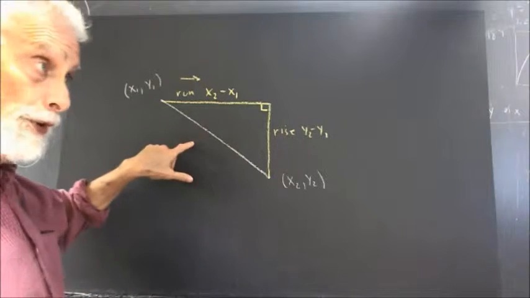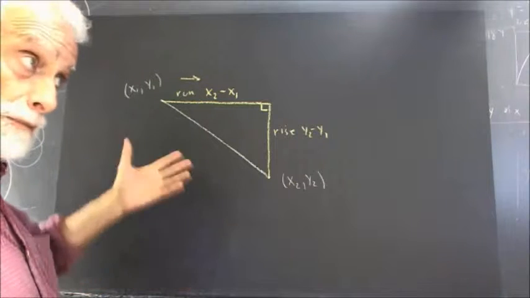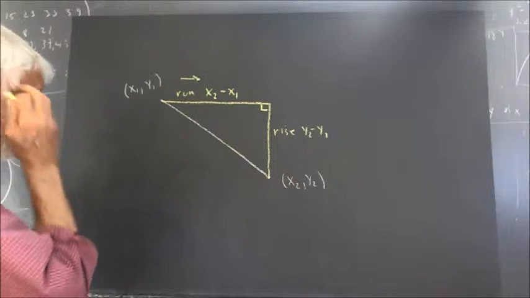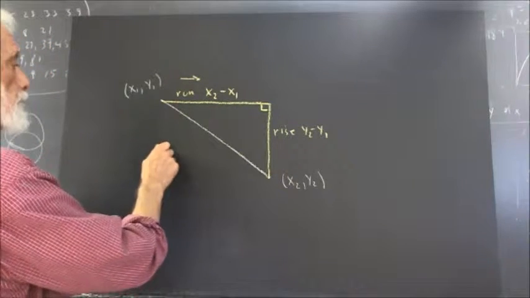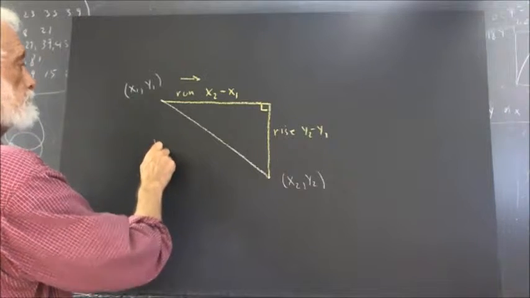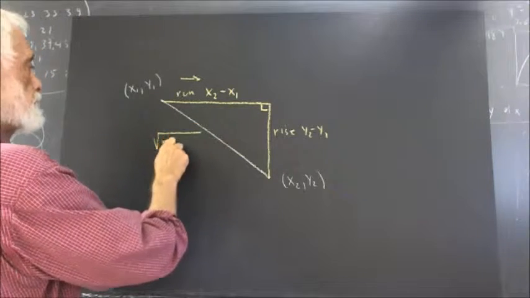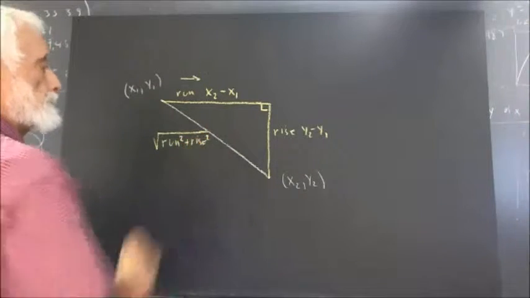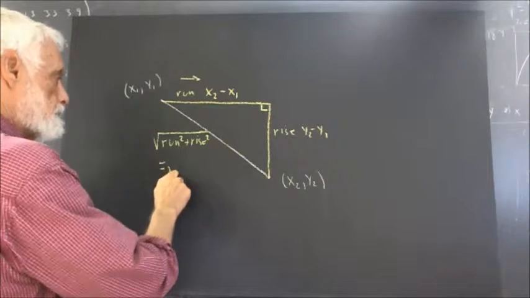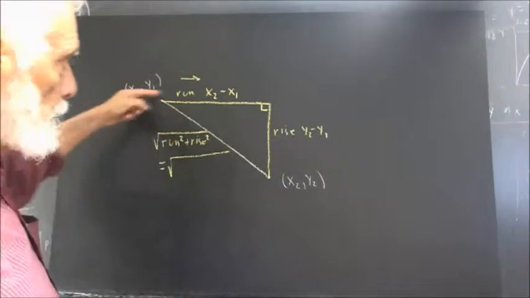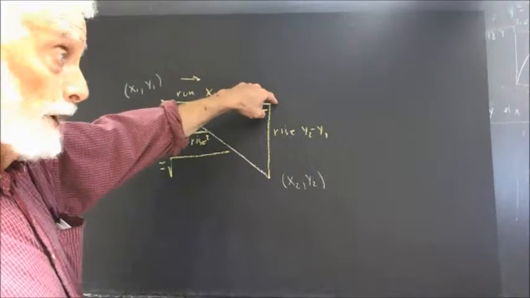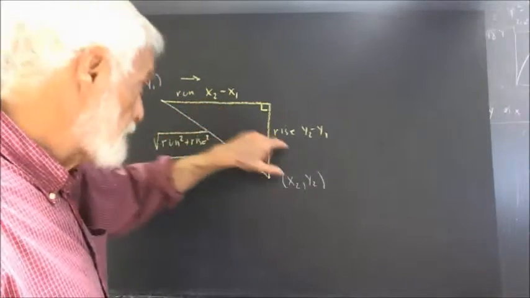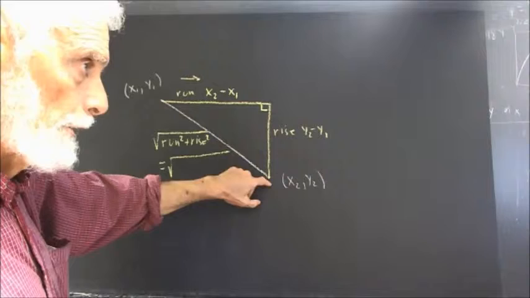Then, what's the hypotenuse going to be? Again, figure this out yourself, but I'm going to go on and hopefully you paused and came up with your own idea here. It's going to be the square root of the run squared plus the rise squared, because the run is this leg, the rise is this leg, and if you square the lengths of the legs and add them, you get the square of the hypotenuse.